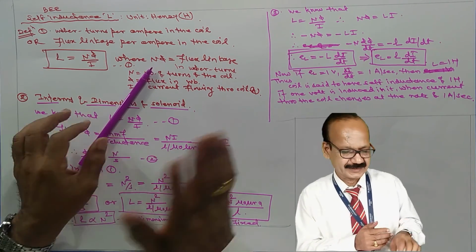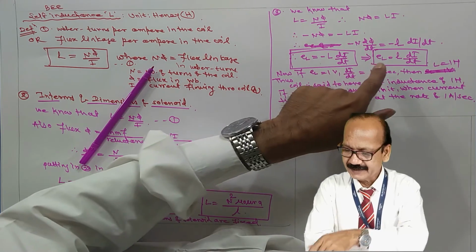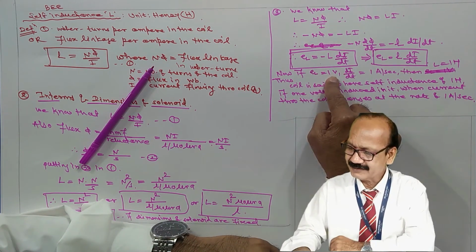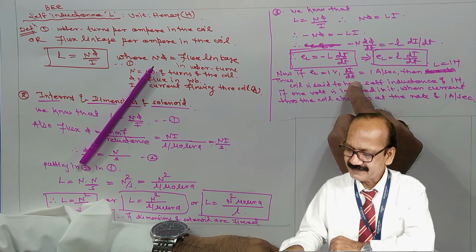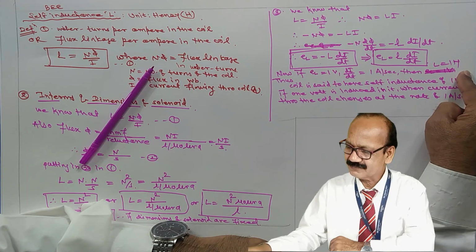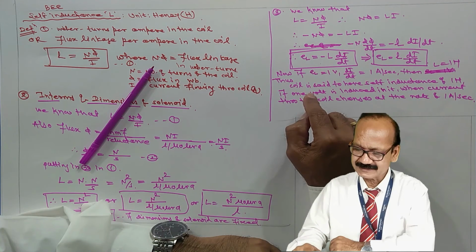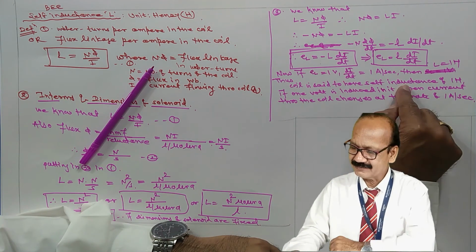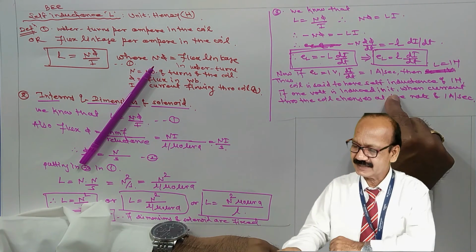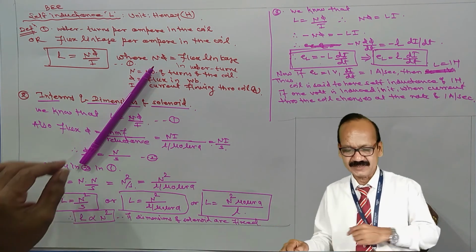So in this way, we have defined the self-inductance. If E L equal to L di by dt, with E L equal to 1 volt and di by dt equal to 1 ampere per second, then self-inductance L equal to 1 Henry. A coil is said to have a self-inductance of 1 Henry if 1 volt is induced in it when current through the coil changes at the rate of 1 ampere per second.